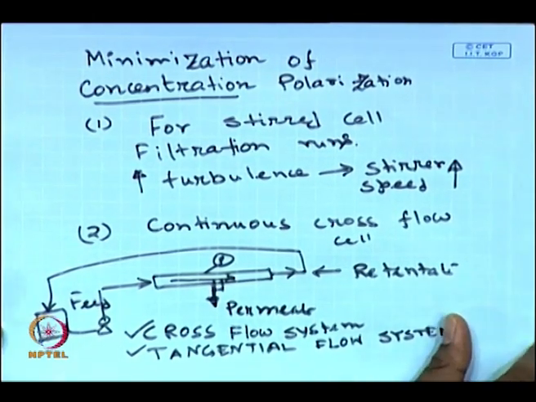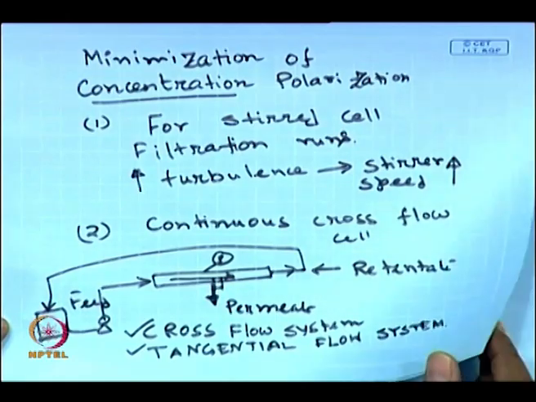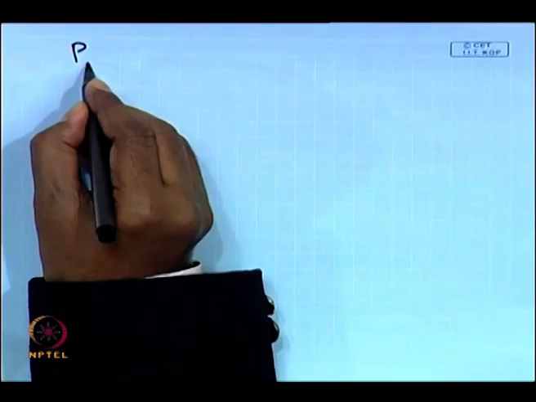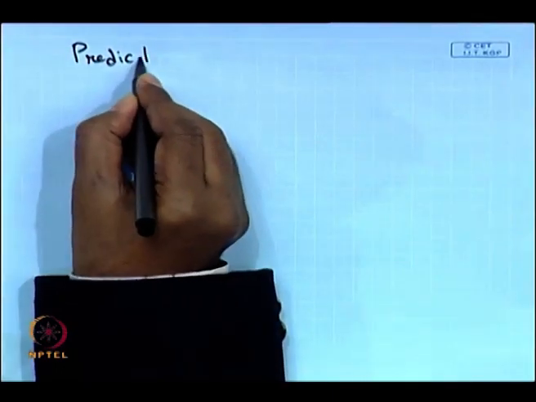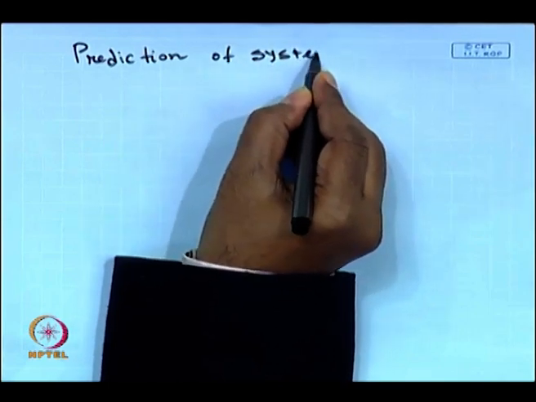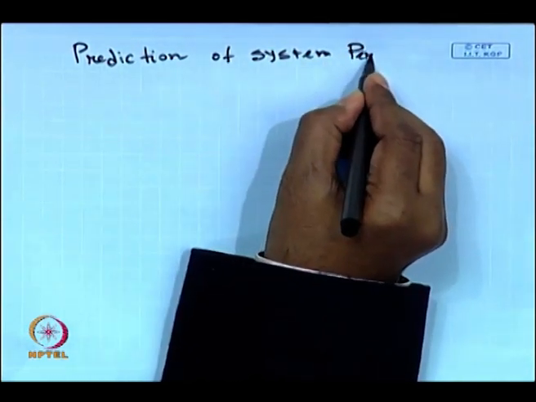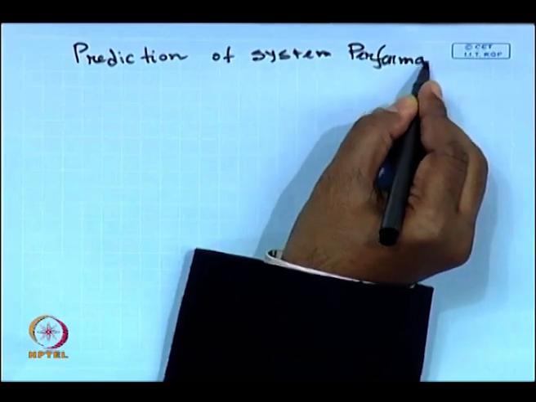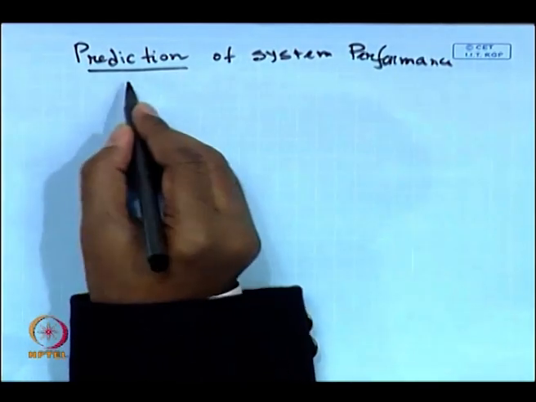Okay. Now, we should admit that we cannot avoid concentration polarization, we can only minimize it maximally. So, including the concentration polarization, let us see how we can predict the system performance.